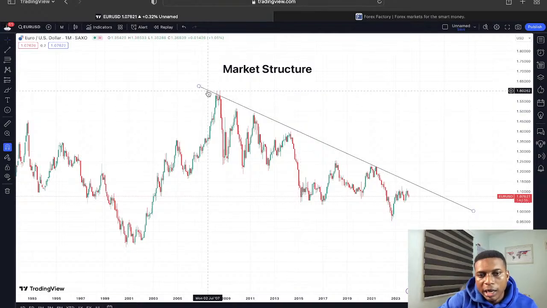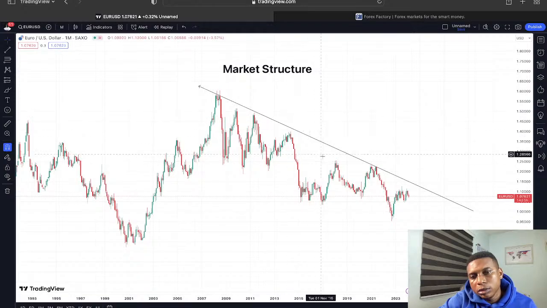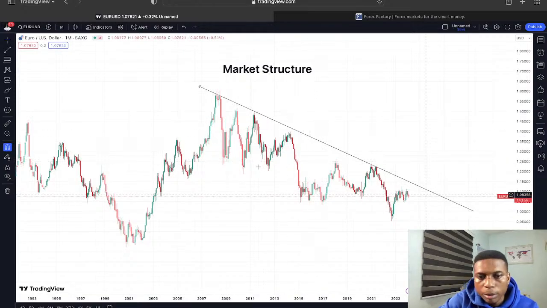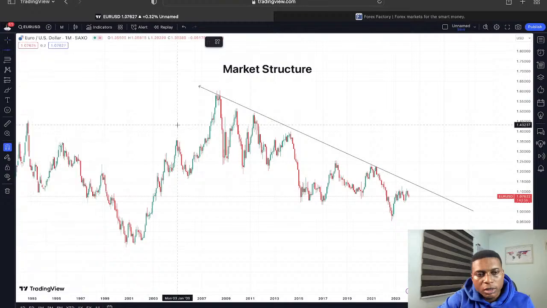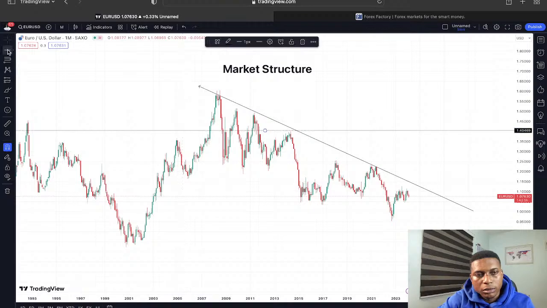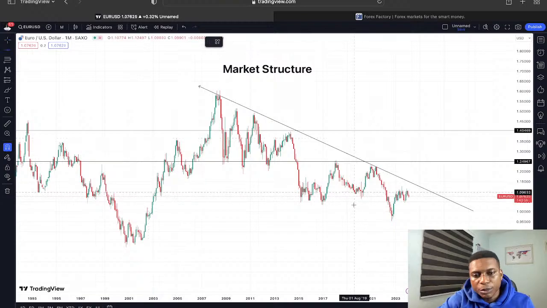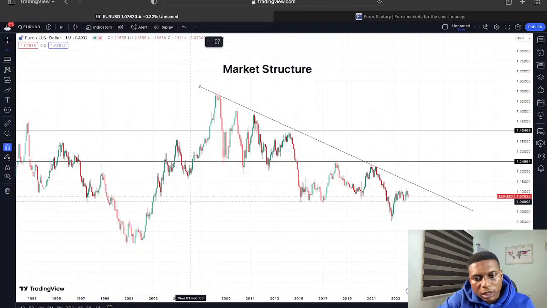We are able to see that on the monthly time frame, the Euro USD has been on a downward slope. Then we map out levels of support and resistance here, another level of support and resistance here, and another level, as we can see it.